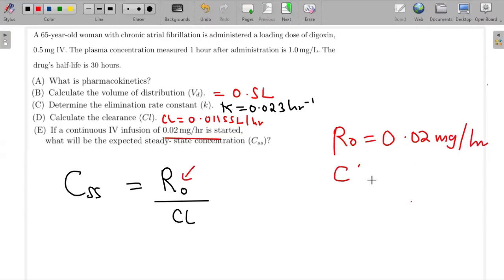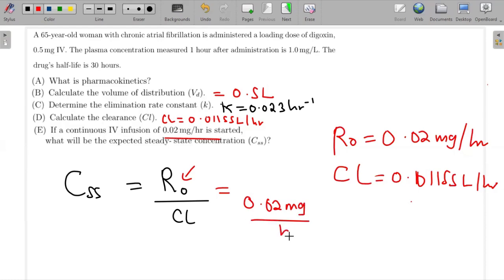And the clearance, we've already found it to be 0.01155 liters per hour. So let's find the steady state concentration, the concentration when the rate of the drug infusion is equal to the rate of the drug elimination, like we have reached an equilibrium. So this will be equal to 0.02 milligrams per hour divided by the clearance.